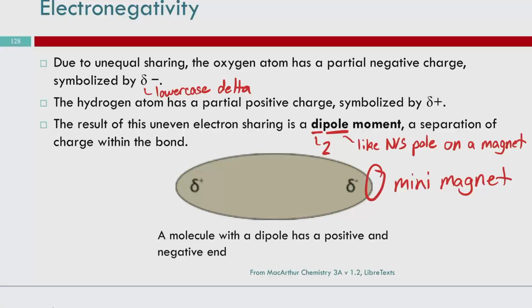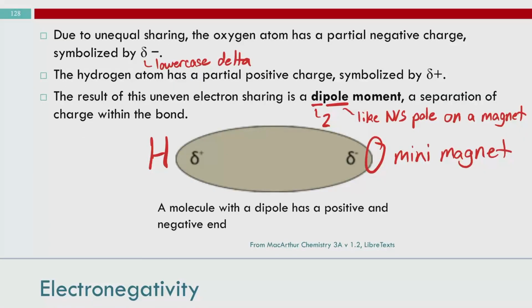So our oxygen would be on this side, our hydrogen would be on this side. The hydrogen has less electron density than it is expected to have, and so it's partially positive. Oxygen has a little bit more electrons than we would expect it to have, and so it has a partial negative charge.